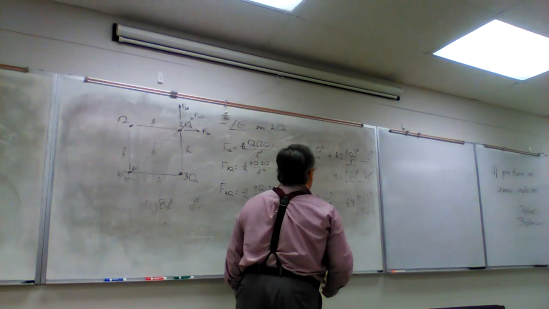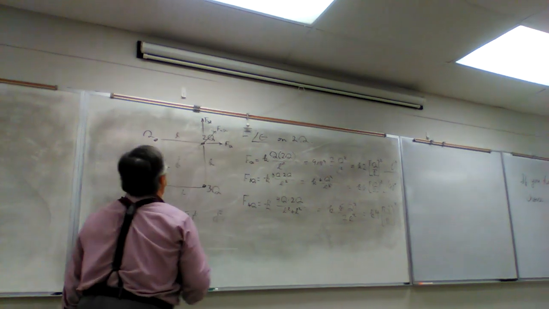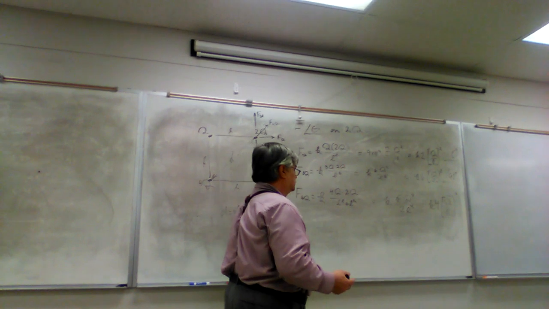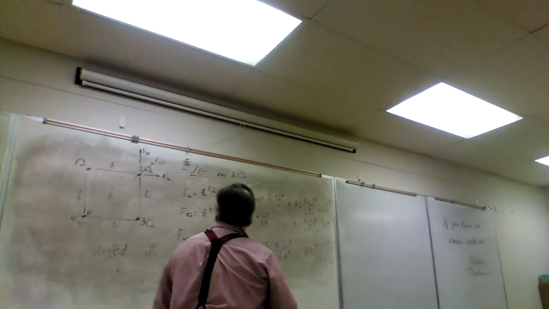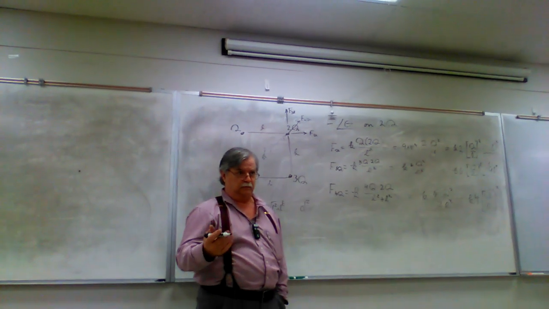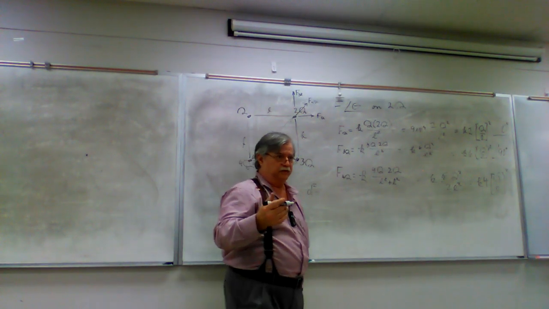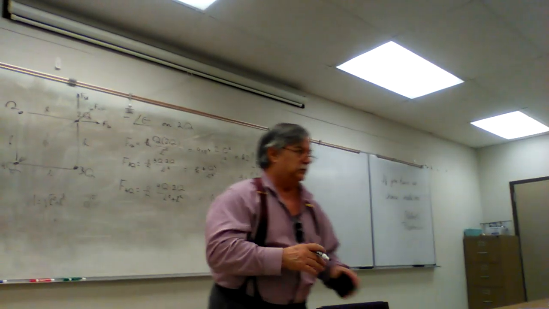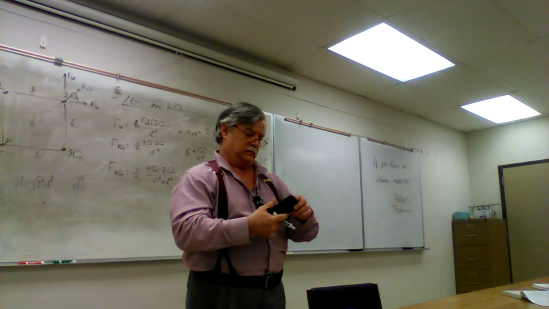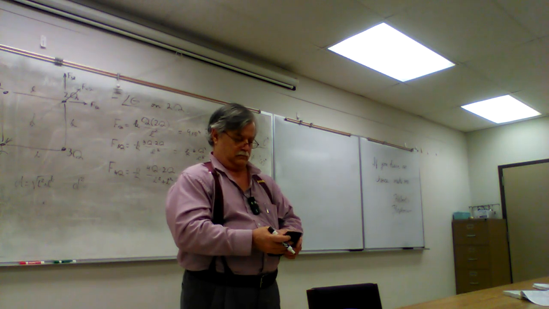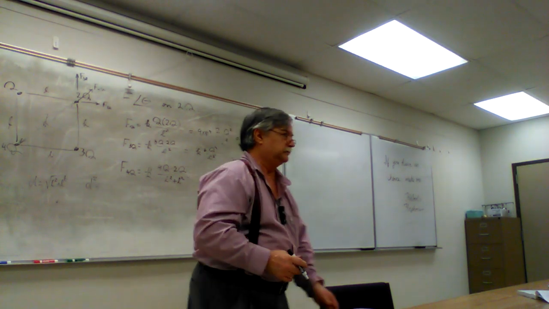But now, at what angle? Since it's in the middle of 90 and 0, it would be 45. Well, it's the inverse tangent of L divided by L. What's the inverse tangent of 1? Let's make sure. Plug it into our calculator. Right, 45 degrees.